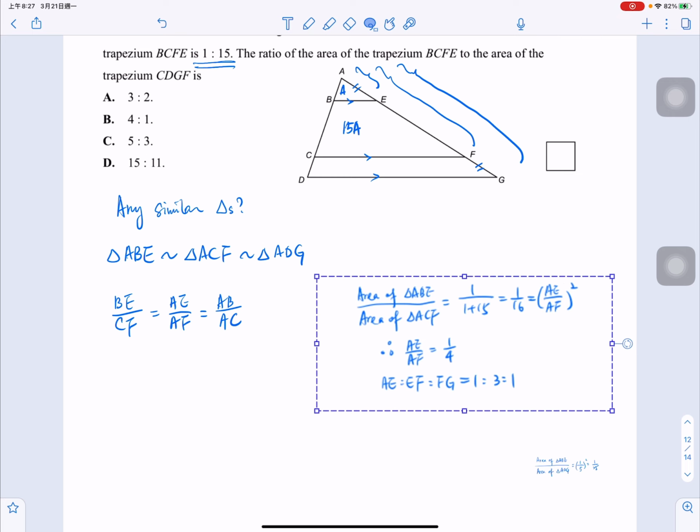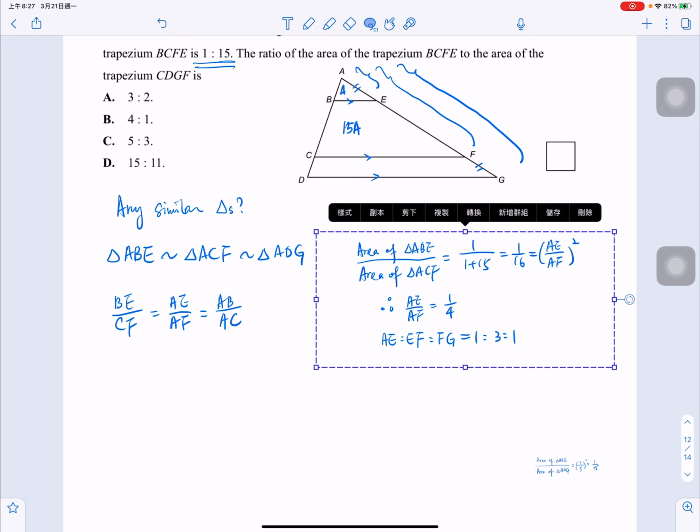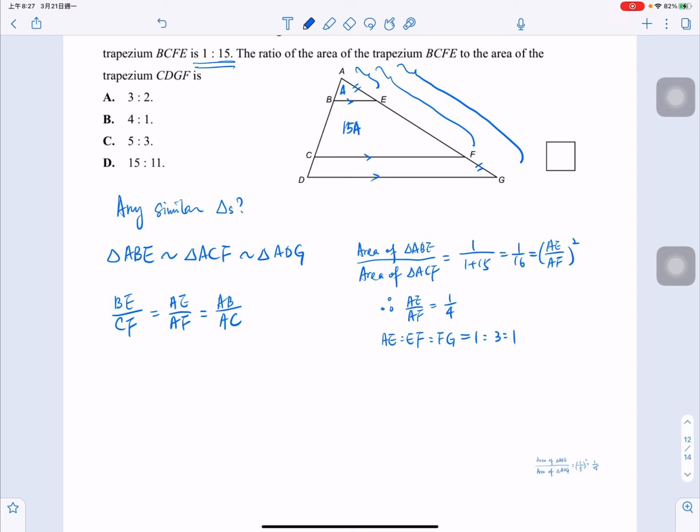So have a look. This is the first step. Step 1, find this ratio. This one is AE and AF. You know the area is 1 to 15. So as a whole, here is 16. So 1 over 1 plus 15, which is 1 over 16, equals AE to AF, take the square.